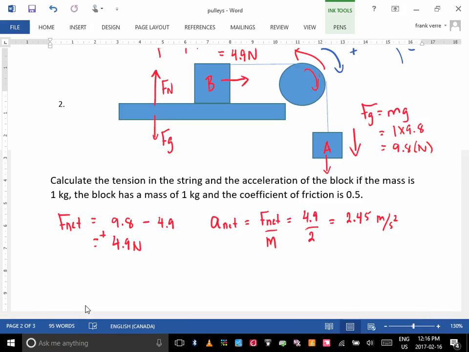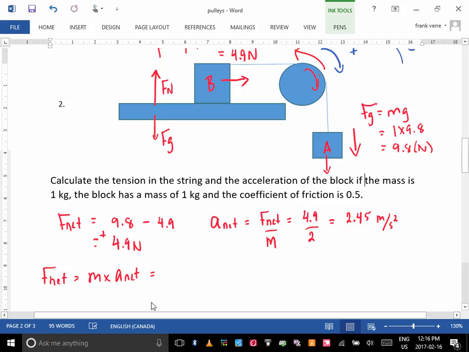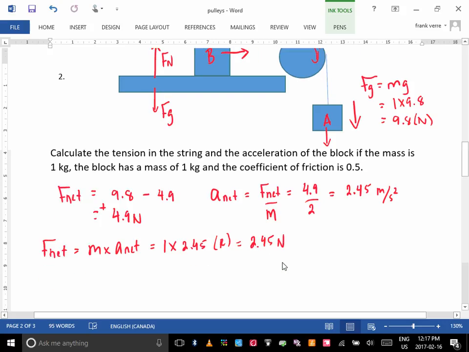So we can work out the net force for block B. That would be its mass times the net acceleration, 1 times 2.45, to the right. That gives us a net force of 2.45 newtons.